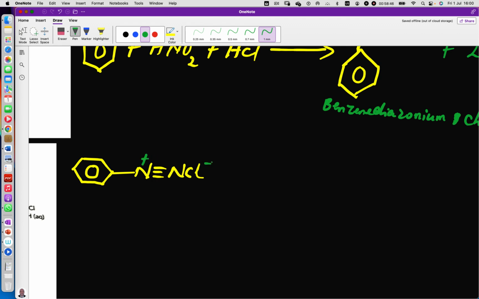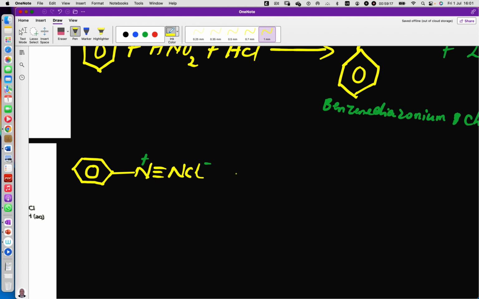This benzene diazonium chloride ion will react with an alkaline solution of phenol in a coupling reaction. We call it a coupling reaction. This is how the alkaline solution of phenol will appear.